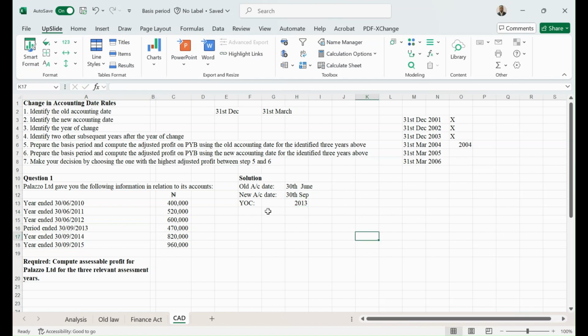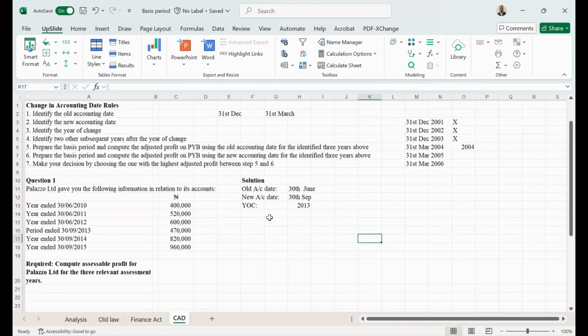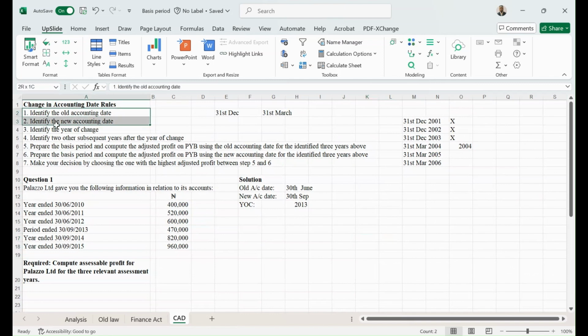So these are the three preliminaries that we need to first identify, such that once we identify them, we can quickly prepare the account. So we've done steps 1 to 3. The next is to identify two other subsequent years, which are going to be 2014 and 2015.